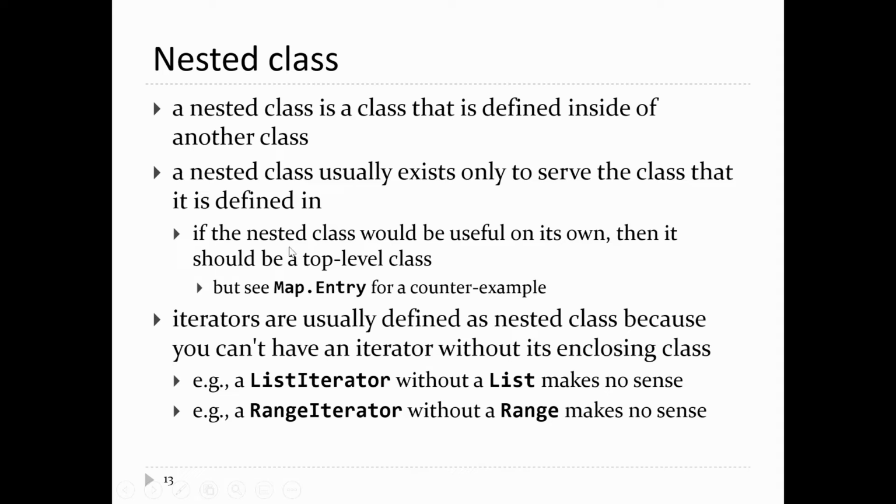So if you implement a nested class and you realize later on that, hey, it might be useful if someone else could use this nested class, then it should be a top-level class. So in other words, it should be in its own Java source code file, and it should not be in another class. Now, iterators are usually defined as nested classes because it doesn't make sense to have an iterator without having its enclosing class.